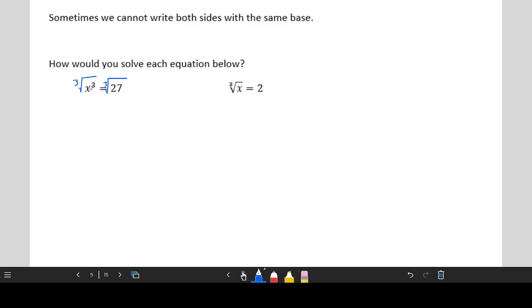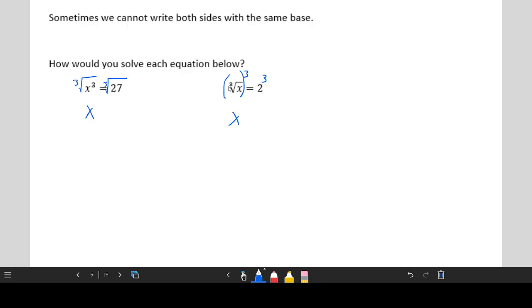The reason you're doing that is because if you cube root an expression that has an exponent of 3, those are going to undo each other and you're just left with x. Similarly, if you have a cube root and you want to undo that, you're going to cube each side. Cube the cube root, they undo each other, you just get x.